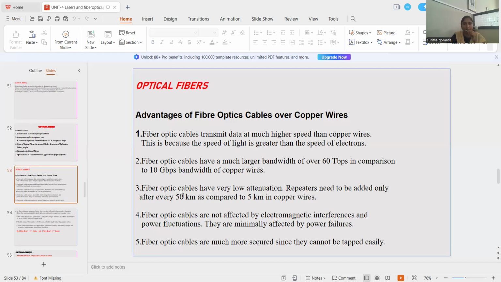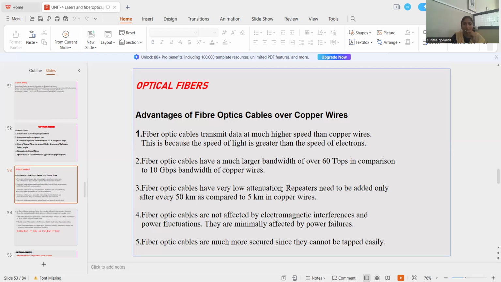Next, fiber optic cables have very low attenuation, because repeaters need to be added only after every 50 kilometers, compared to every 5 kilometers in copper wires. So what is a repeater? A repeater is a device which regenerates the optical signals.